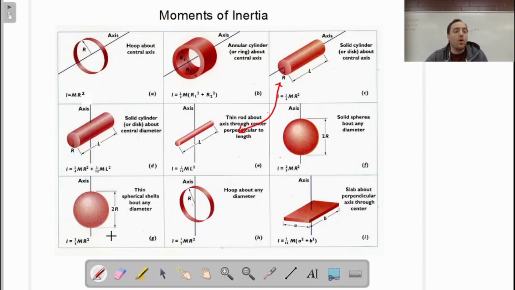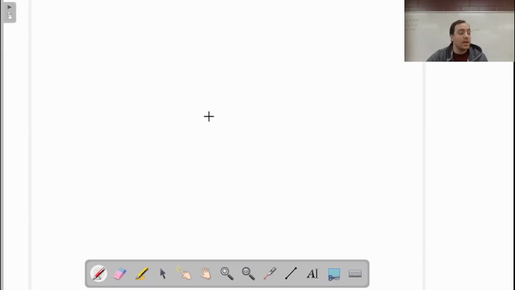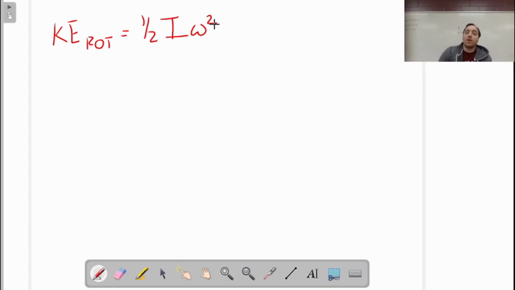But once you know the moment of inertia of an object, you can calculate its rotational kinetic energy. We get a new equation. Instead of talking about mass, we'll talk about the moment of inertia because how far that mass is from the pivot point matters. Instead of talking about velocity, we talk about angular velocity, but it's the same equation we interacted with previously.